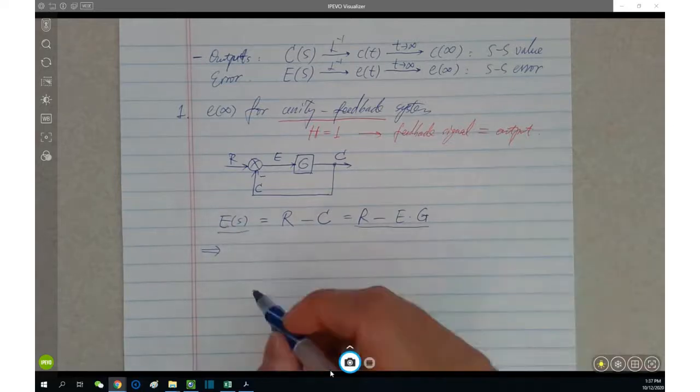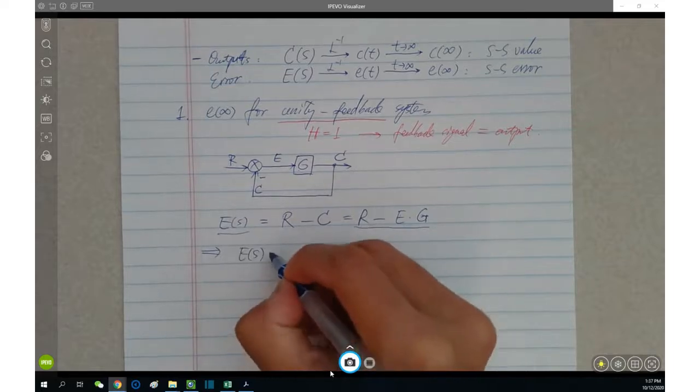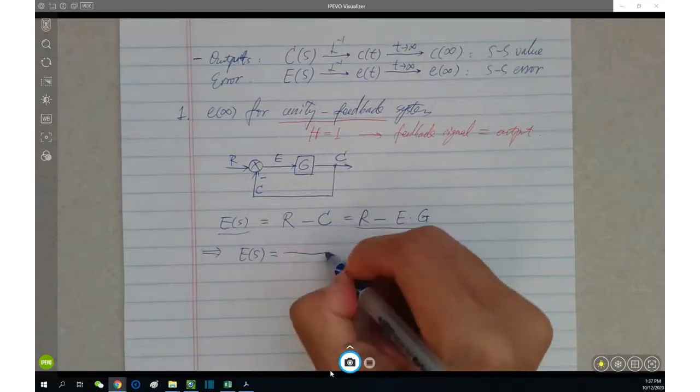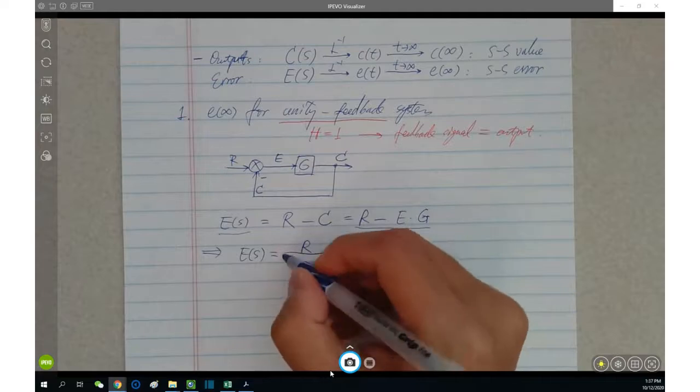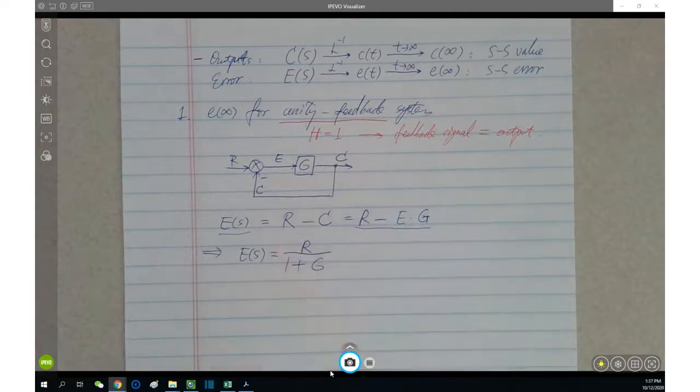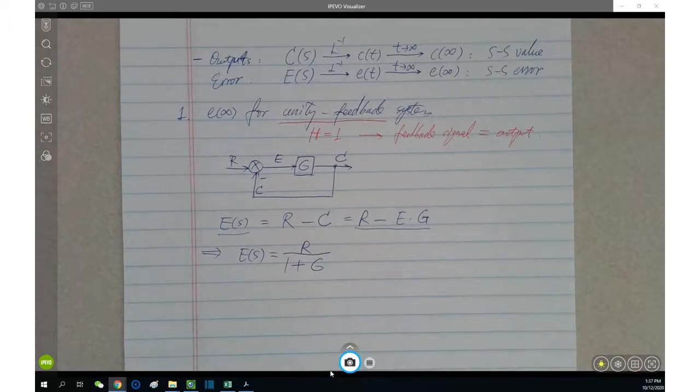And you can find the E term equals R over 1 plus G. Of course, I'm skipping parentheses of S, but you understand what I mean here.